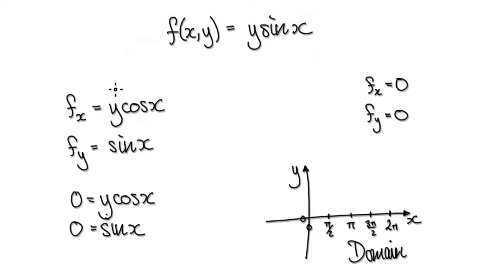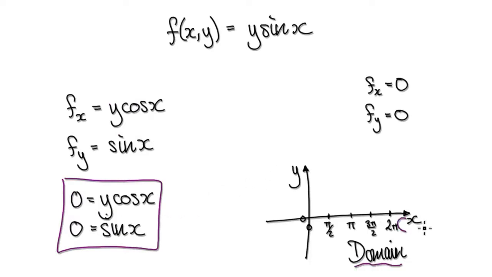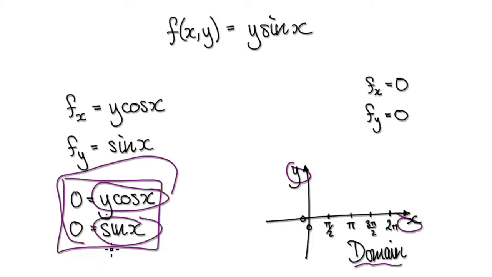So now we demand that this thing equals 0 and this thing equals 0, because something strange happens when both of these equal 0 simultaneously. So now we're going to look at the xy domain and find all the locations where both of these equal 0 simultaneously.